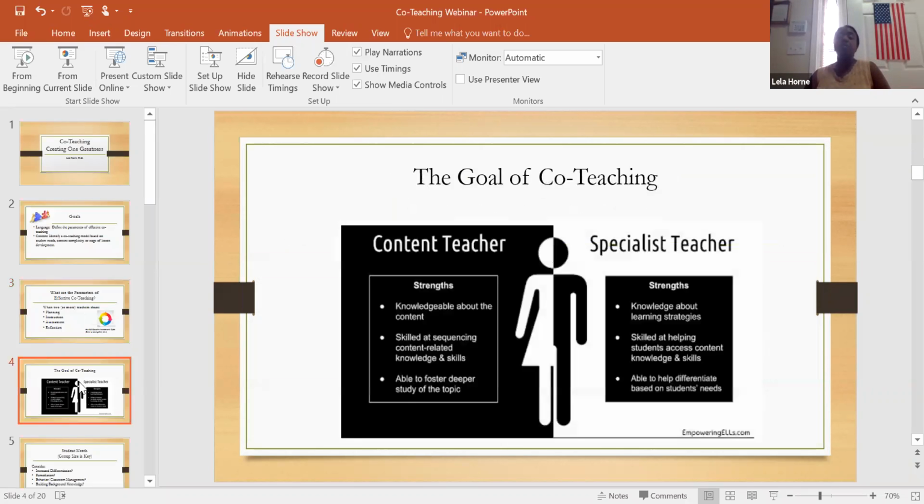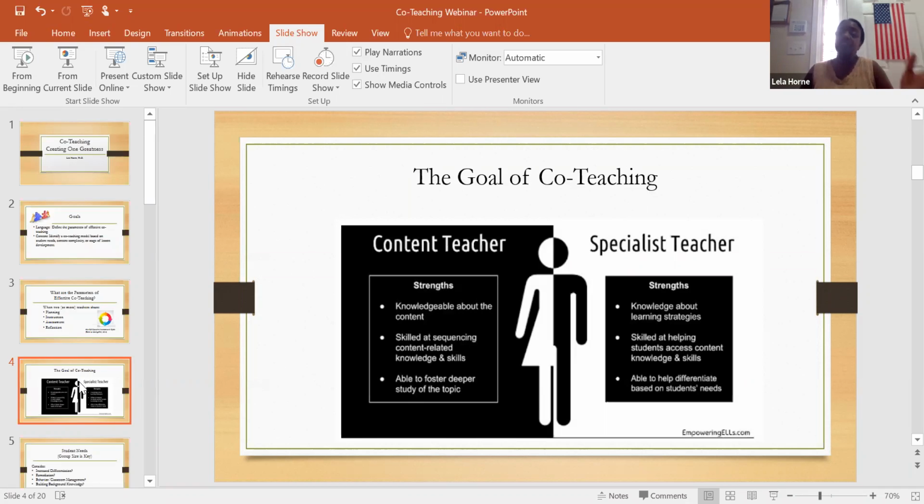The goal of co-teaching is to have each teacher serve as a content area teacher and also a specialist teacher. We want the ESL teacher to be knowledgeable of the content, but in many cases, the ESL teacher is trying to go into a classroom where he or she is not content certified. And we talked about that, as several people mentioned, that they were working on building strength in the content area.